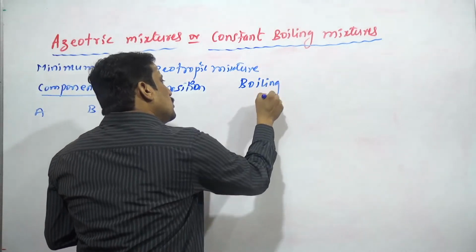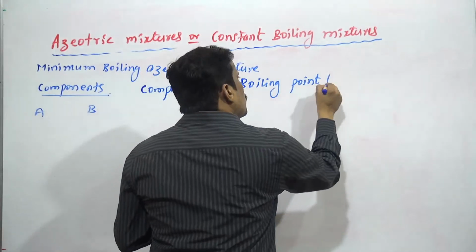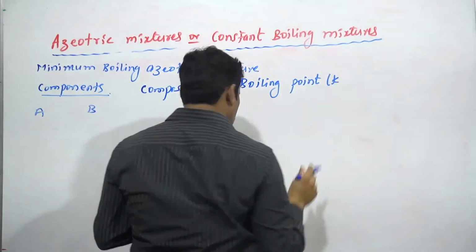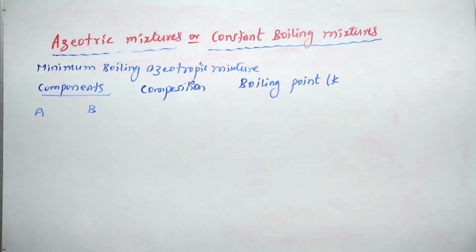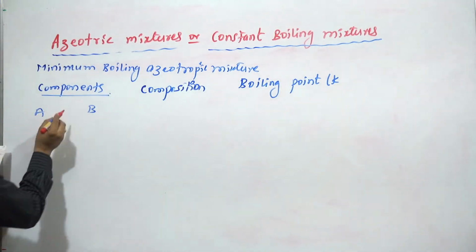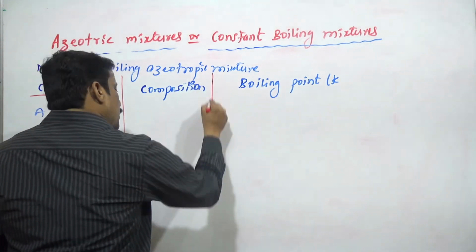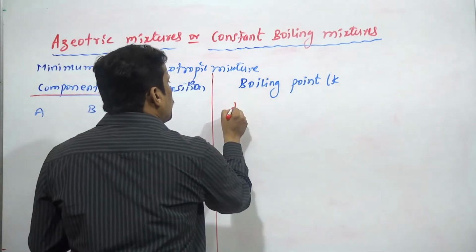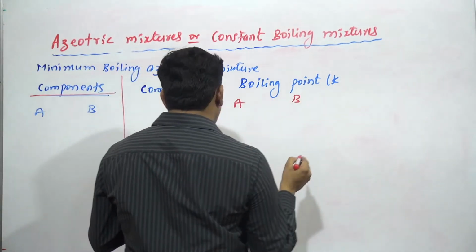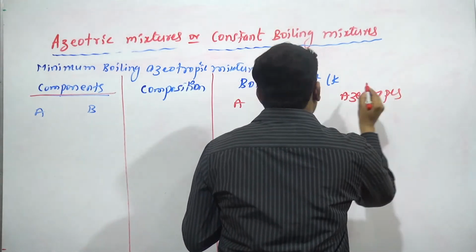These values are collected from different books. Boiling point of A, boiling point of B, and boiling point of azeotropes.